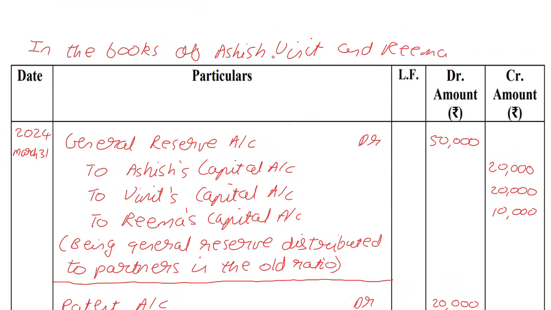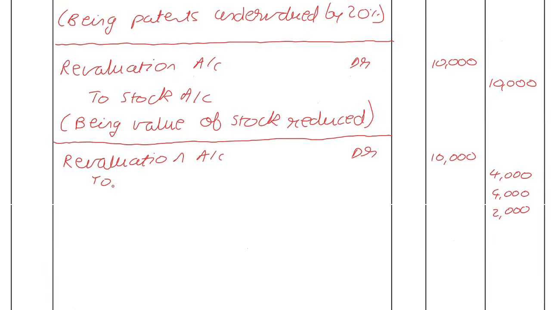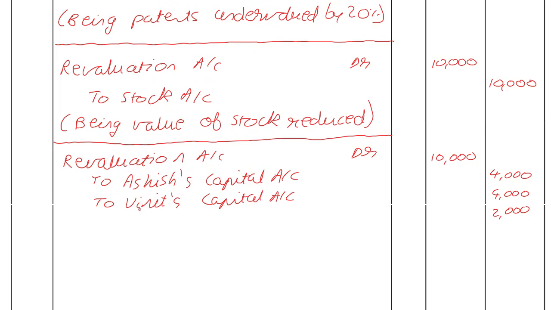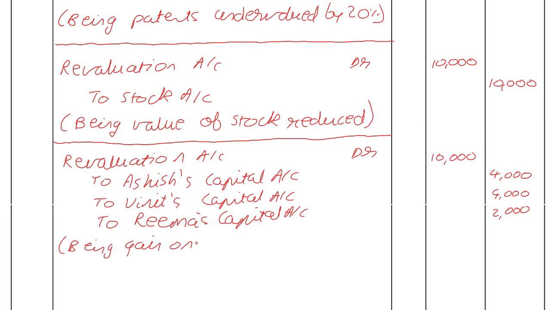But who are these partners? Ashish, Vinit and Reema. To Ashish's capital account, to Vinit's capital account, and to Reema's capital account, being gain on revaluation transferred to partners' capital account.